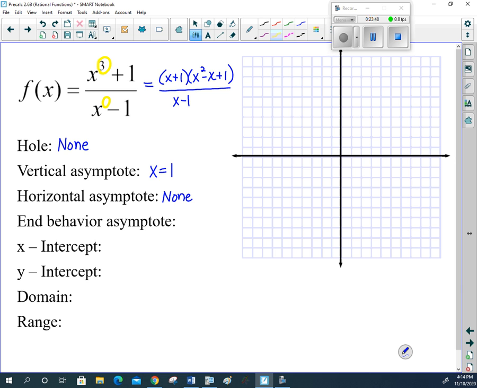Now, lucky for us, we're dividing by x minus 1, so we can run that through a synthetic chart. To find that, I'll come over here. I'm going to put 1 in the corner, and then I'm going to have 1, a 0x squared, a 0x, and a 1. Run it through my chart.